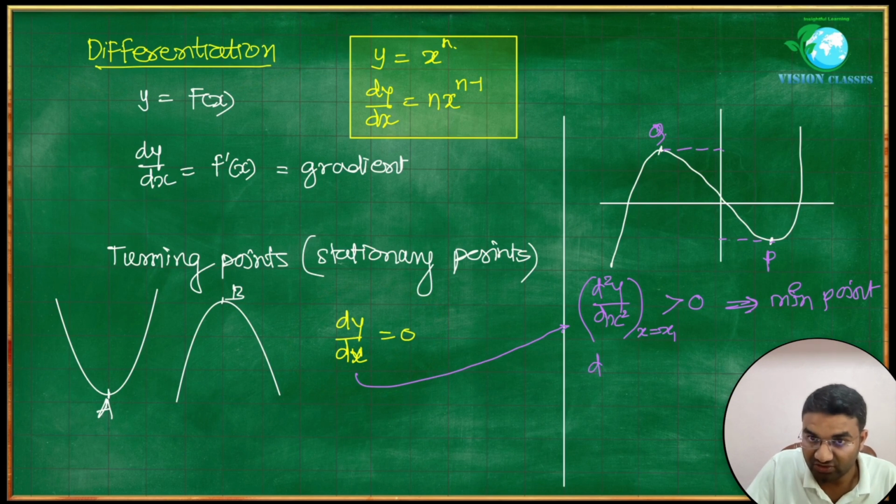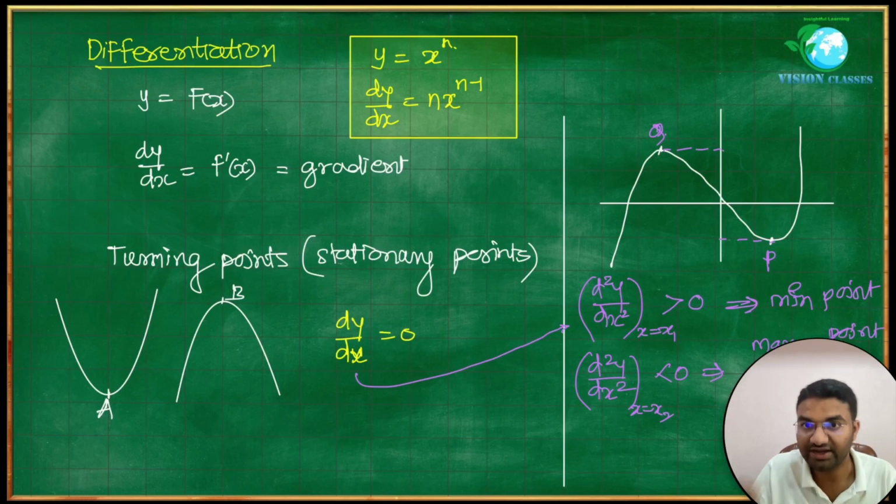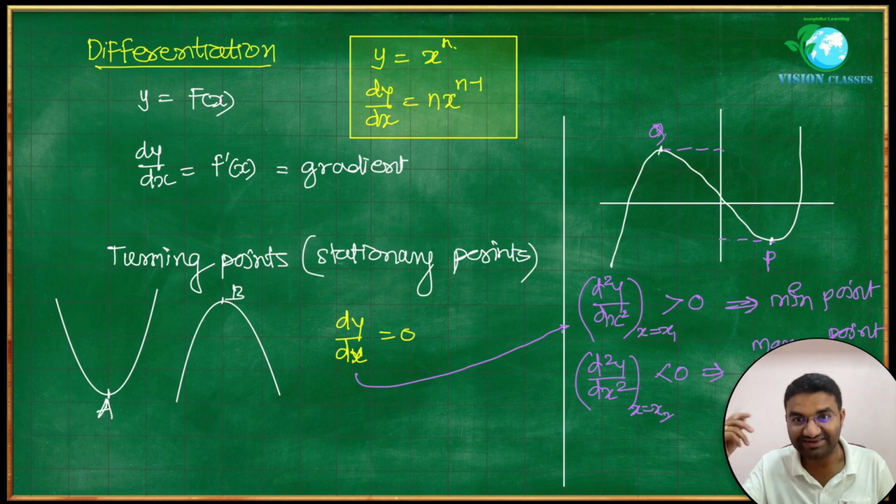And d2y by dx square for x is equal to x2 less than 0 means it's a maximum point. I have written behind my camera view, but anyway, you can just assume that it's a maximum point.